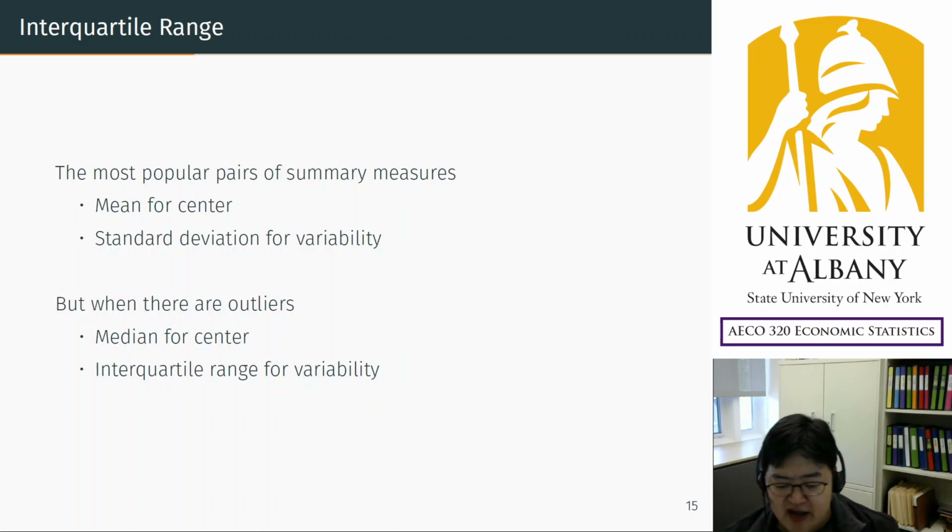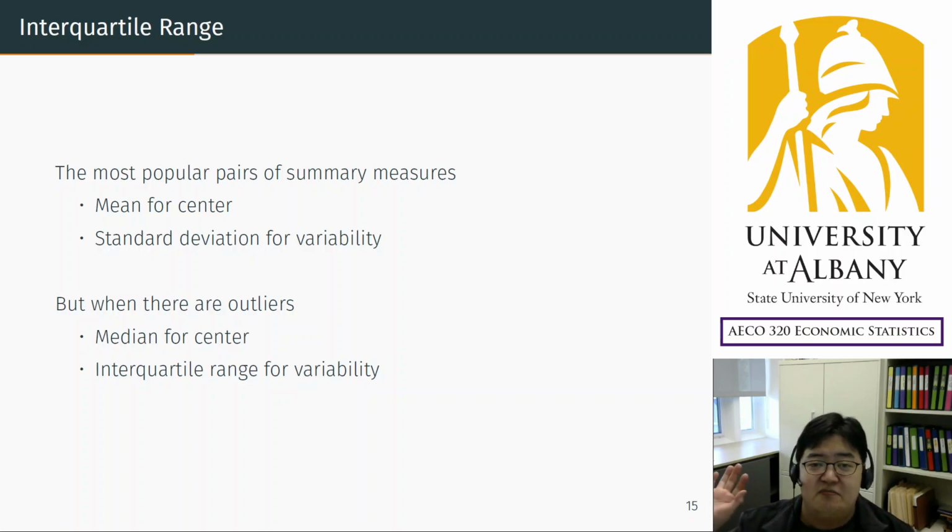So far, I briefly introduced two measures of variability based on percentiles. But actually, more popular measures of variability are based on the mean, which is coming in the next video. Usually we use the mean with the standard deviation, which is the standard pair for the mean.